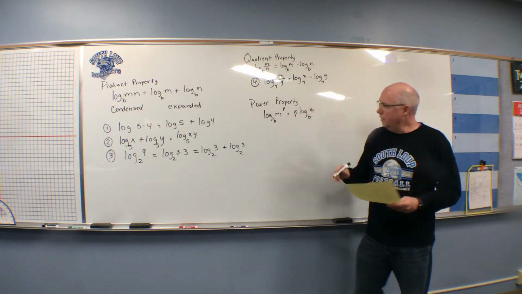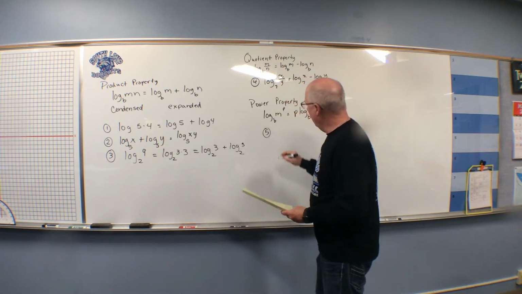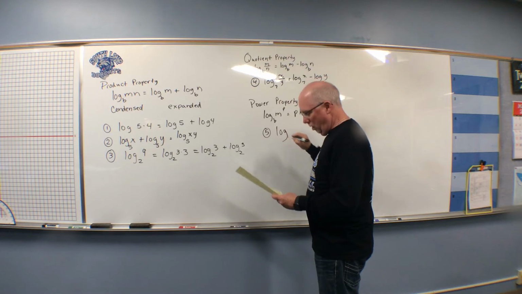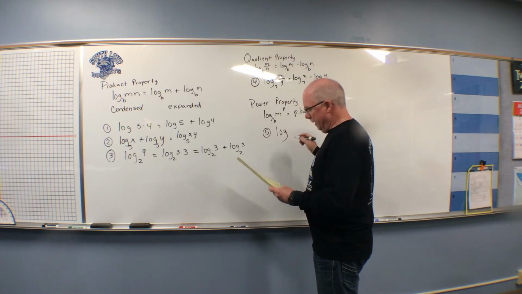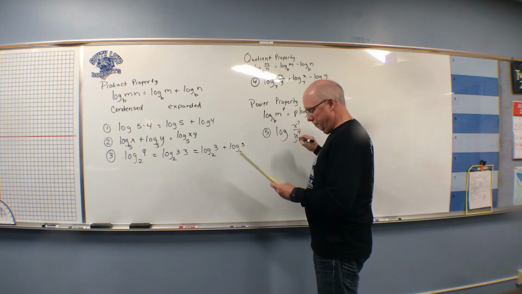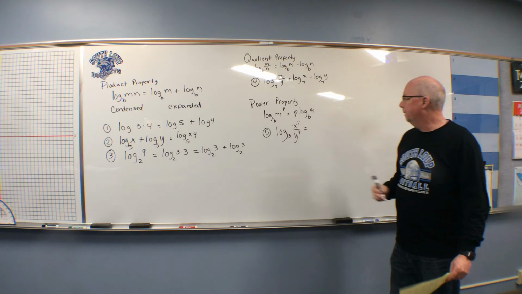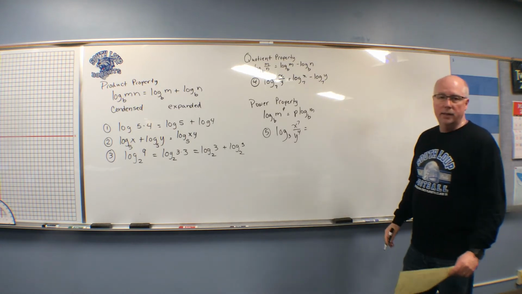If I could show you an example that might use several of the properties at once. For example, if we had the log of x to the 7th over y to the 4th base 3. Here we have division and power rules working together.